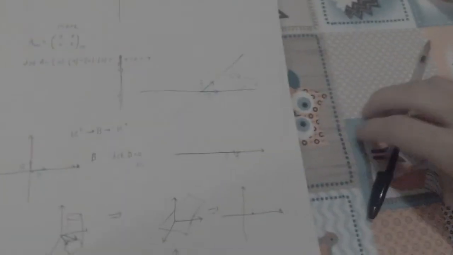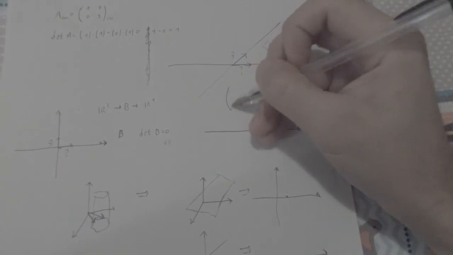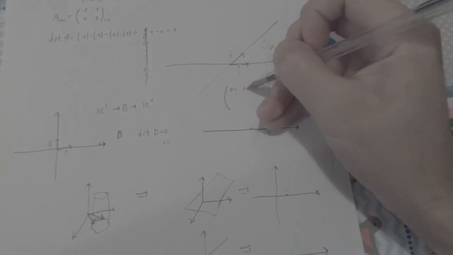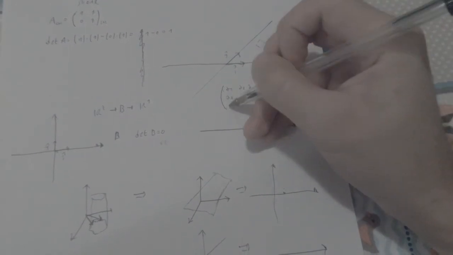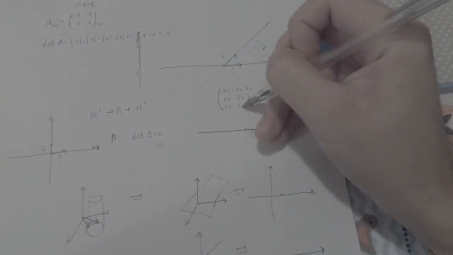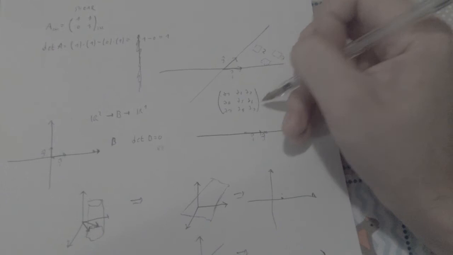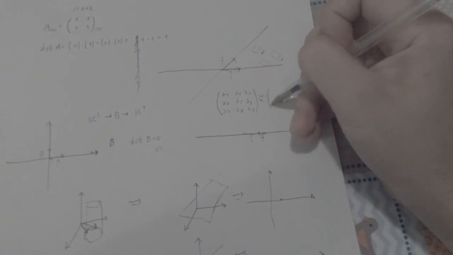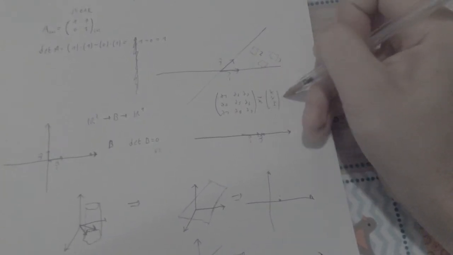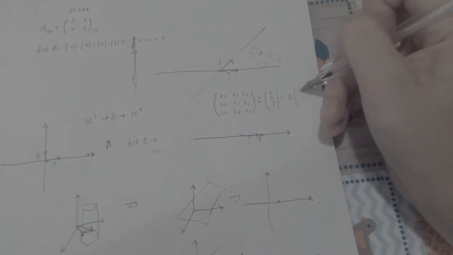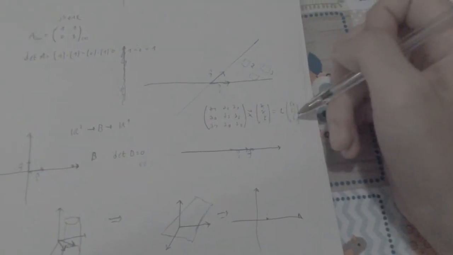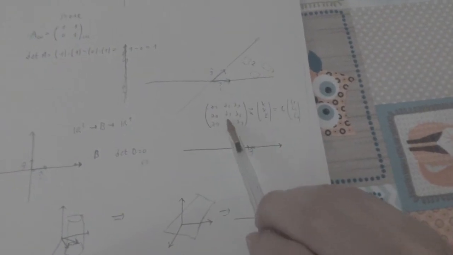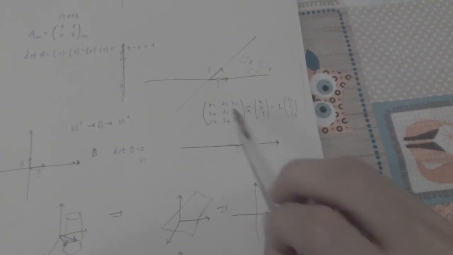So if you find things like a matrix A1, A2, A3, A4, A5, A6, A7, A8, A9, times a vector x, y, z equal to c, so c1, c2, and c3. This is a system of linear equations. This is our matrix, and I want you to think about this matrix as a matrix of linear transformation.